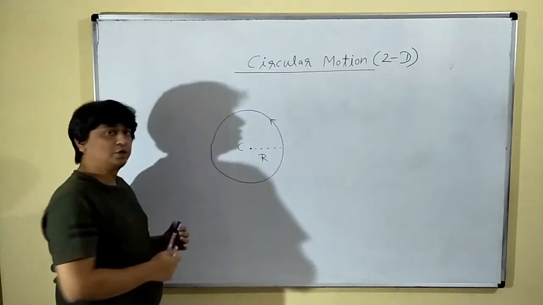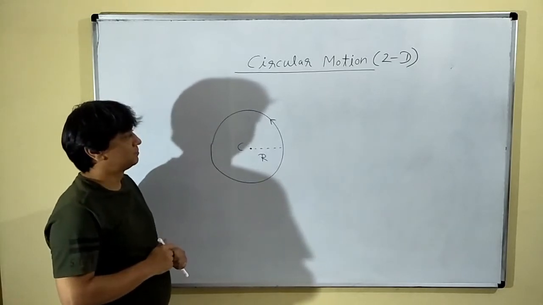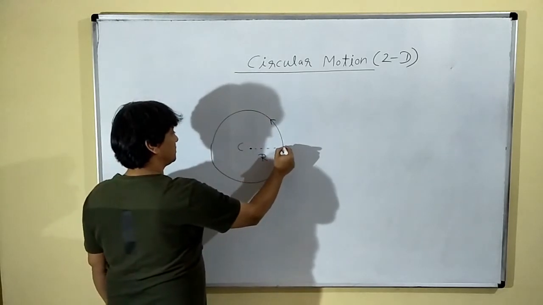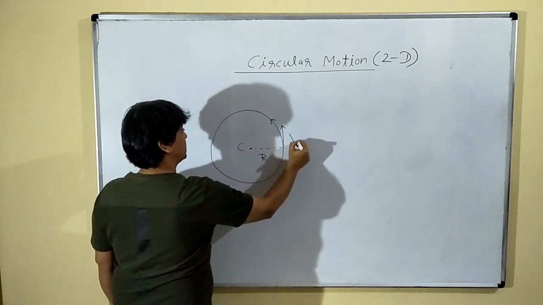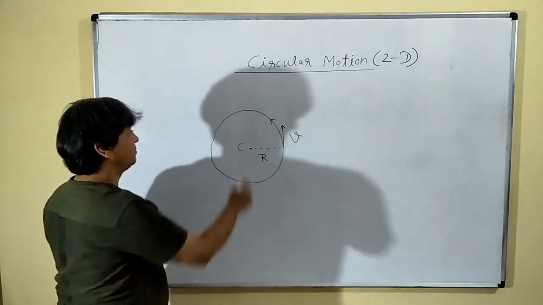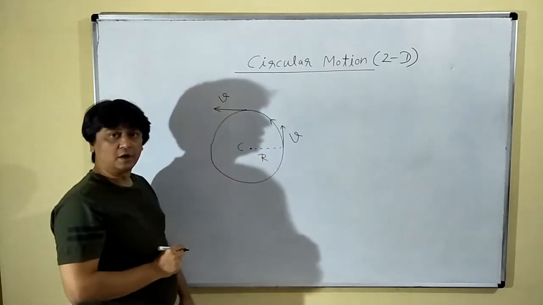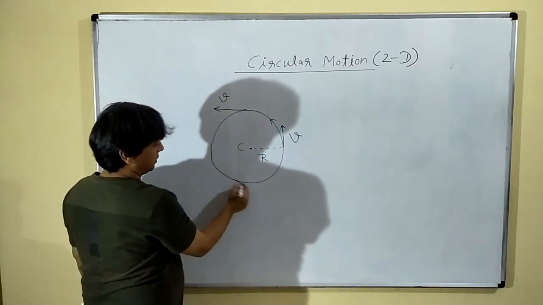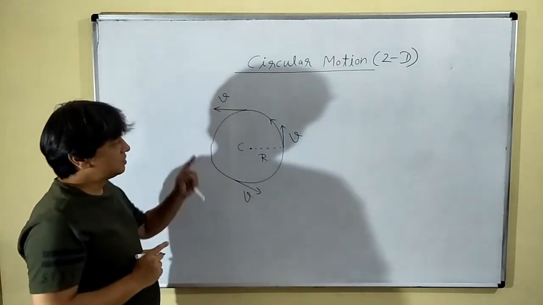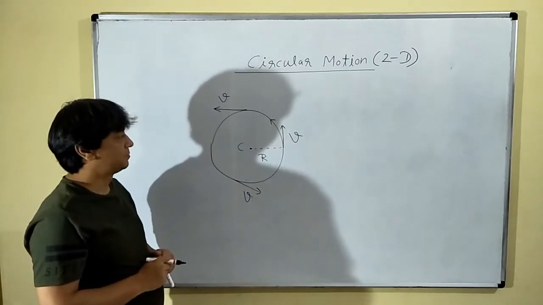Now, when you talk about circular motion, there are two types of circular motion. First, if the object is moving with v and every time it is moving with v only, that means the speed of the object is always the same.